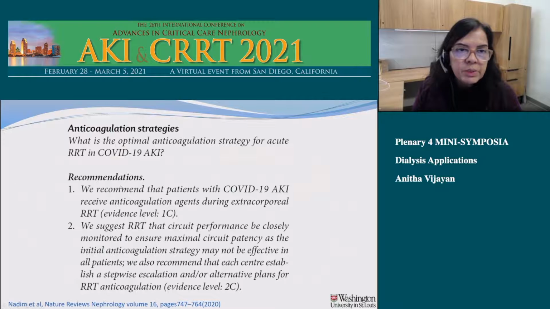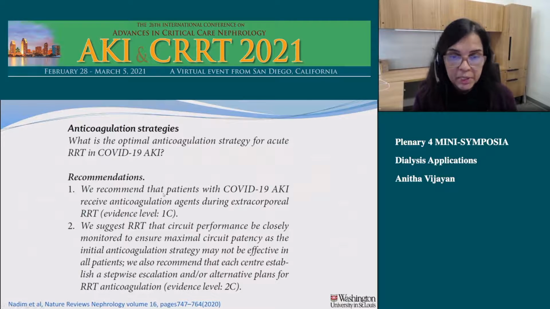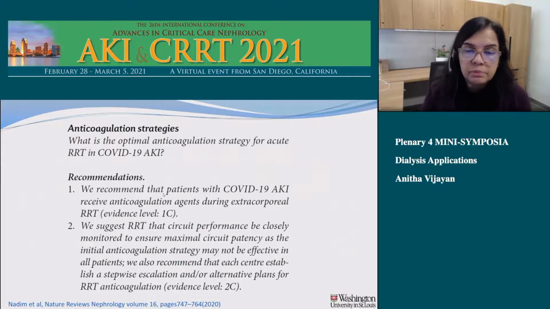So what are our recommendations? We recommend that patients with COVID-19 receive anticoagulation during RRT. And we also recommend that circuit performance during RRT be closely monitored to ensure maximal circuit patency. Remember, we were trying to save filters as much as we can and prevent blood loss.